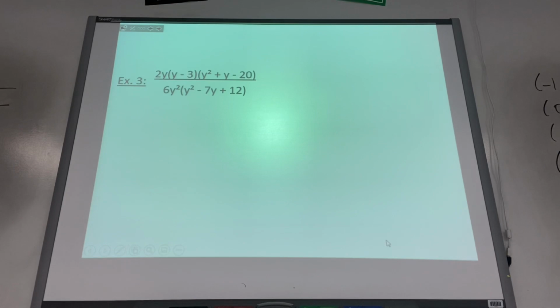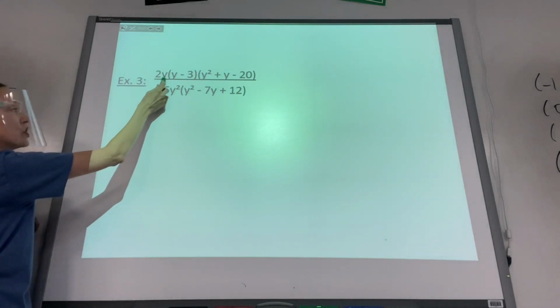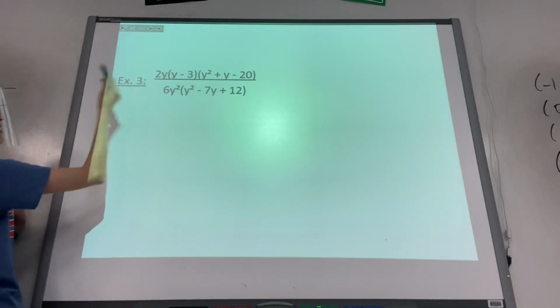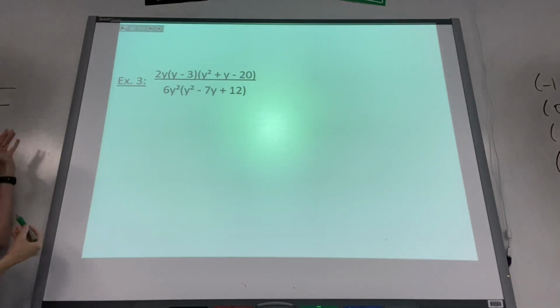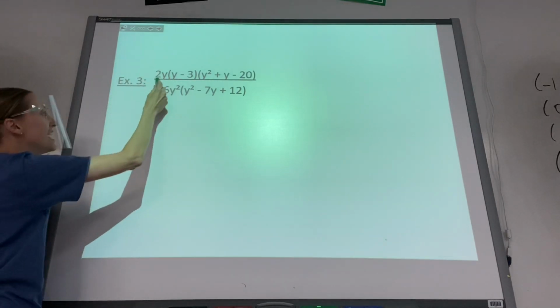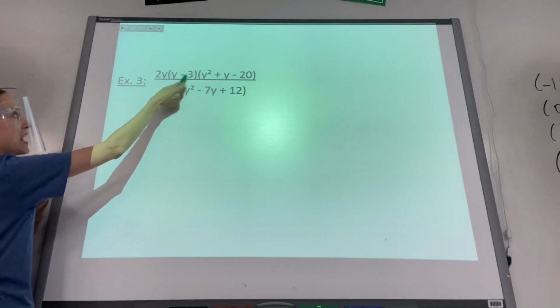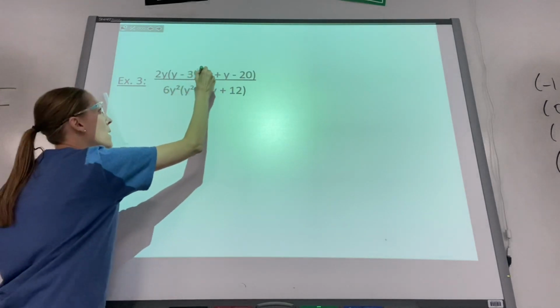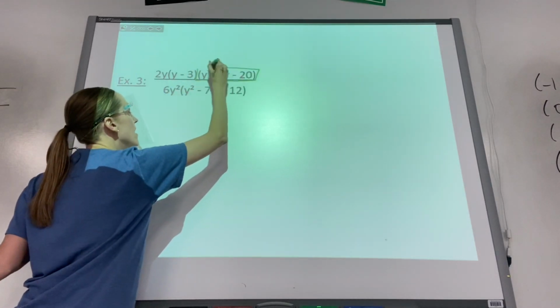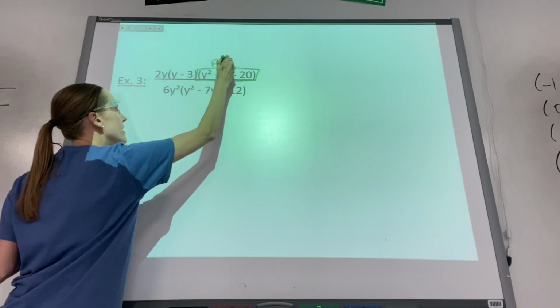Okie doke. Got a little bit more happening on this one. What you really want to do first is pick out the stuff that can be factored. This 2y, I guess it's already kind of like a GCF maybe that they pulled out front. So I can't factor any of that anymore, but I can factor this part.